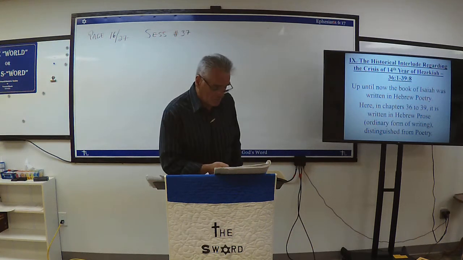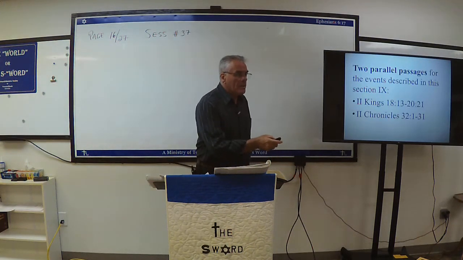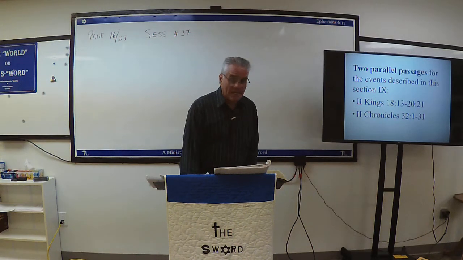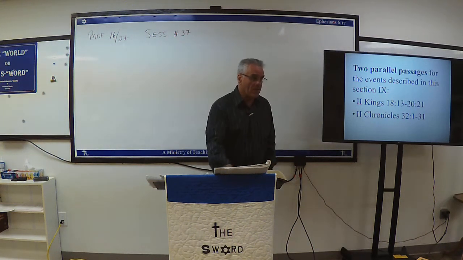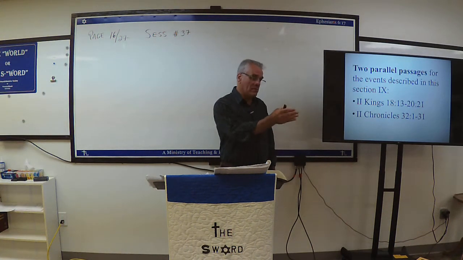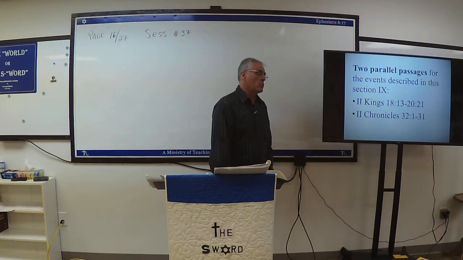I was not in my notes. There are 2 parallel passages for the events described in section 9. They are right there. 2 Kings and 2 Chronicles. What you see right there are directly related to the book of Isaiah, that portion only.